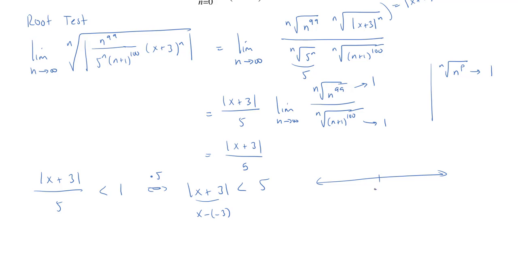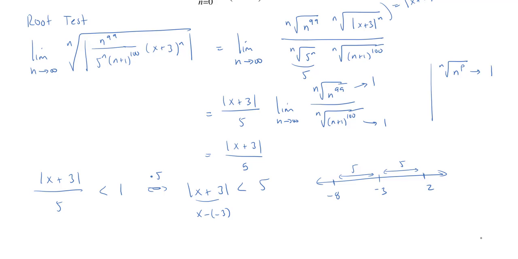Let's put -3 in the middle, and we want all the x's that are within 5 of -3. If I go to the right 5, that takes me to 2. If I go to the left 5, that takes me to -8. Therefore, I know I get a convergent series between -8 and 2.